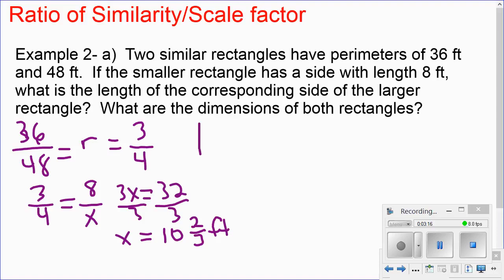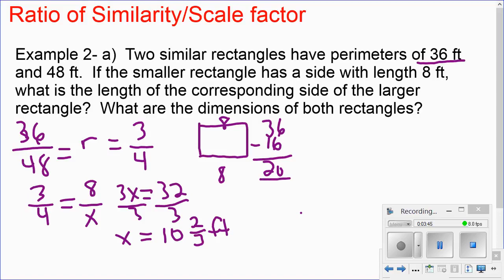Well, let's start with the small rectangle, and I'm going to draw myself a picture here. So I know that we have 8, and because we know what a rectangle looks like and the opposite sides are congruent, I'm going to go ahead and put 8 there. Well, 8 plus 8 is 16, and we were told the perimeter is 36, so I'm going to subtract that 16 and get 20, but 20 is not the other side, it's not the width, because in this case it's representing 2 widths.